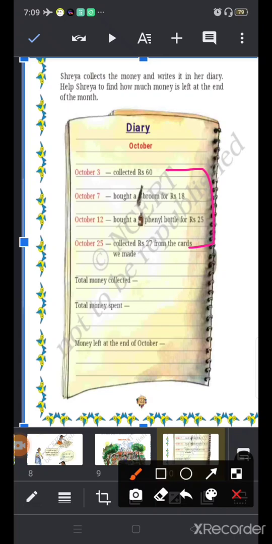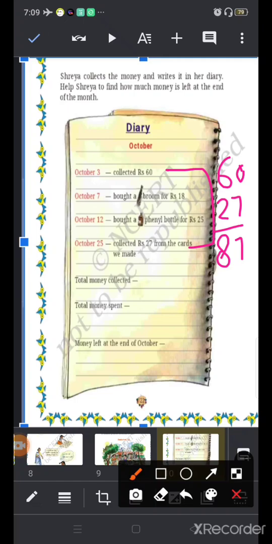So what will we do? First we'll add these collected money. So 60 plus 27 is equal to, yes, 0 plus 7 is equal to 7 and 6 plus 2 is equal to 8. So the total collected money is equal to 87, isn't it?